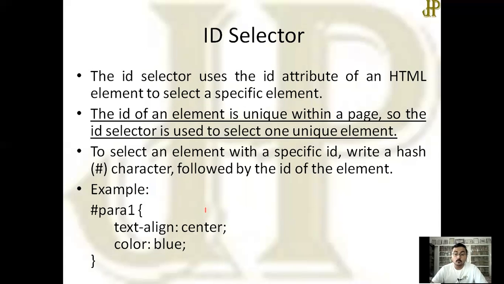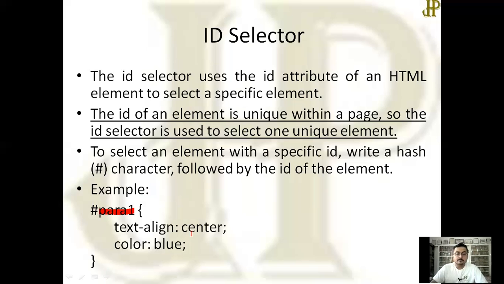So if you want to do that, then the ID selector is the best choice. So what is to be done? You have to specify a specific ID. ID can be any name. But you have to be very careful. The name cannot start with digits. So here I am trying to write one ID, that is para1.